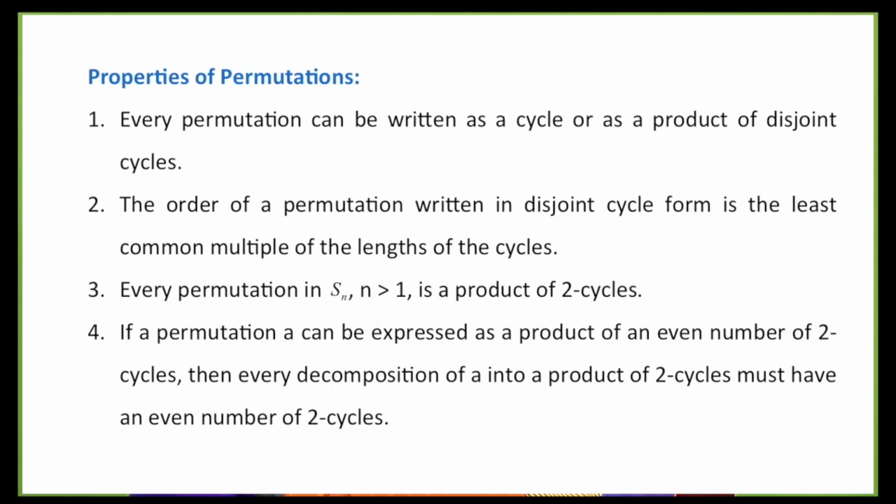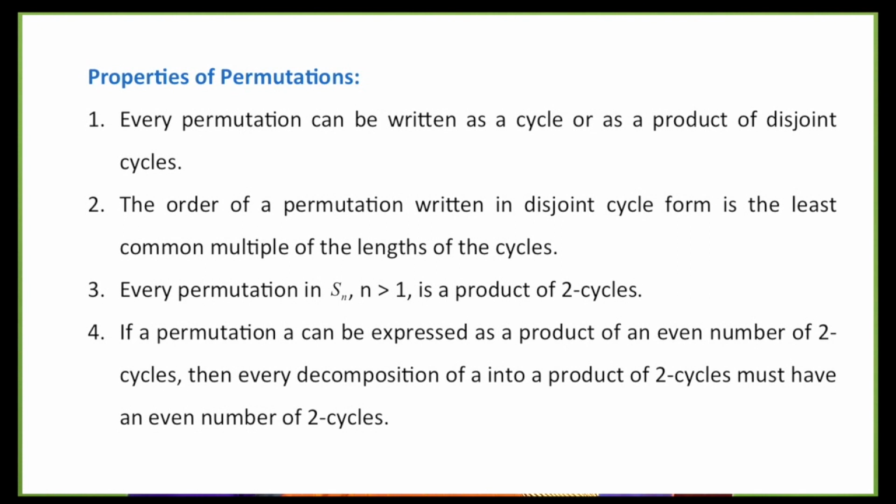Every permutation can be written as a cycle or as a product of disjoint cycles. Now let us see one by one. The order of a permutation written in disjoint cycle form is the least common multiple of the lengths of the cycles.